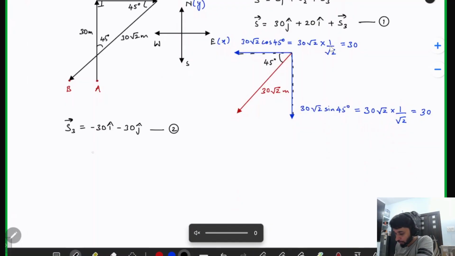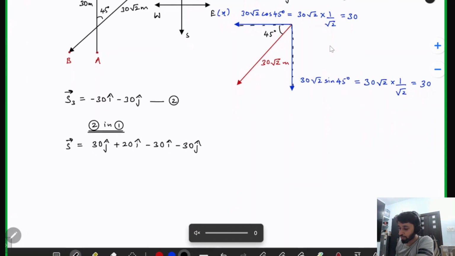Now if we use equation 2 in 1, in that case the overall displacement vector S bar will become 30 j cap plus 20 i cap minus 30 i cap minus 30 j cap.